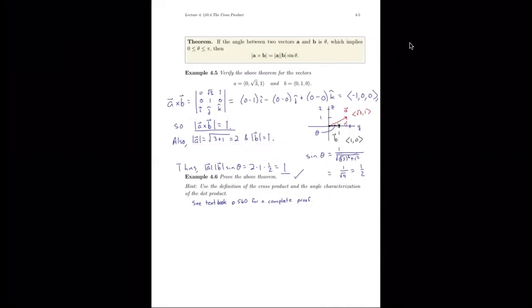But luckily, the first component of each vector matches. So it means that we can just consider these two vectors as planar vectors. In other words, they're living at the same level on the x-axis. So they really live in the YZ plane.